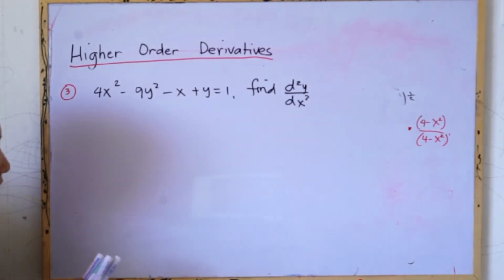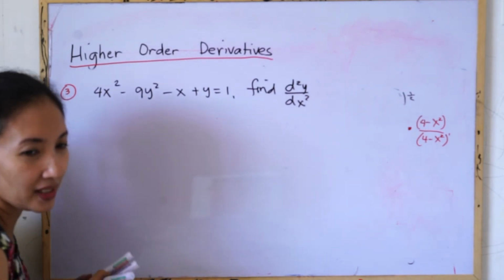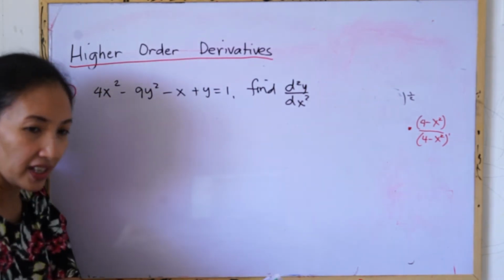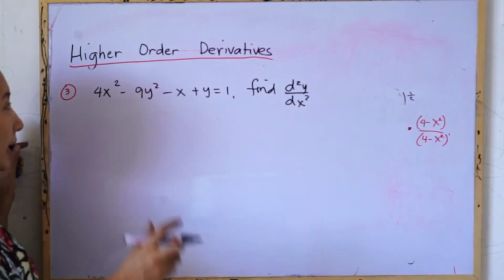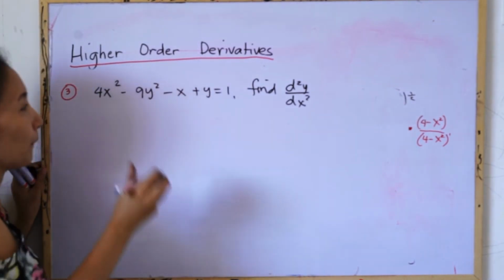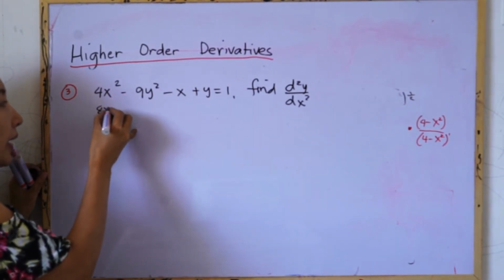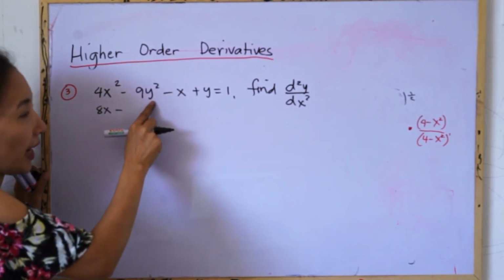Again, looking at the form, x and y are together on one side of the equation, so it is implicit. Applying implicit differentiation, differentiate 4x squared. What is it equal to? 8x minus, differentiate 9y squared.